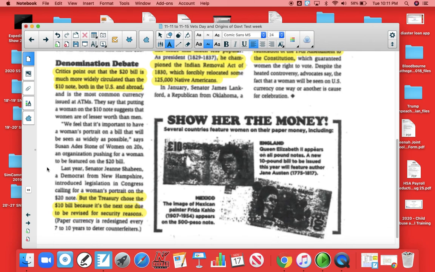Last year, Senator Jeanine Shaheen, a Democrat from New Hampshire, introduced legislation in Congress calling for a woman's portrait on the $20 note. But the Treasury chose the $10 bill because it's the next one due to be revised for security reasons. Paper currency is redesigned every 7 to 10 years to deter counterfeiters.